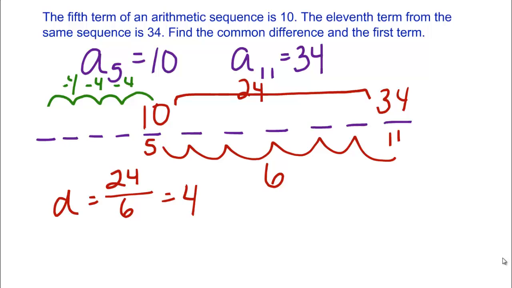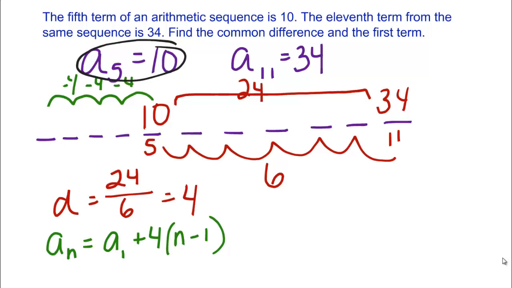I know that our explicit form has to look something like an equals a1 plus d times (n minus 1). But notice, I know d. I have one of our unknowns. Do I know a specific n and an I can plug in? Sure, I know that a5 equals 10. Let's plug in 10 for a5.